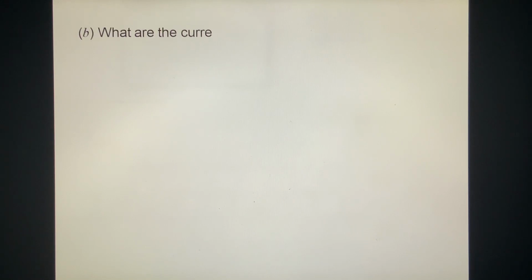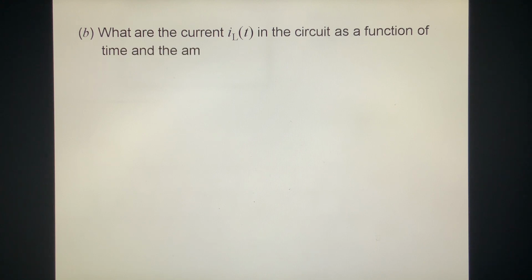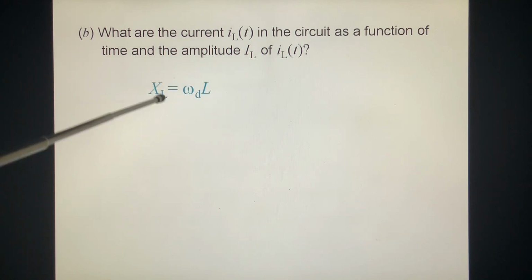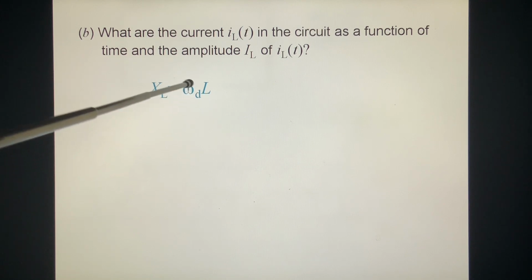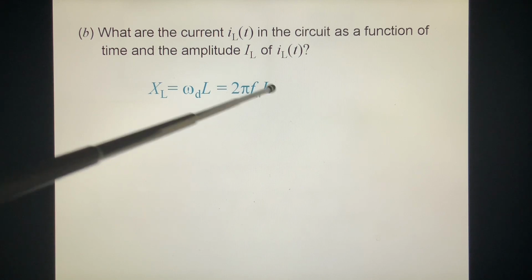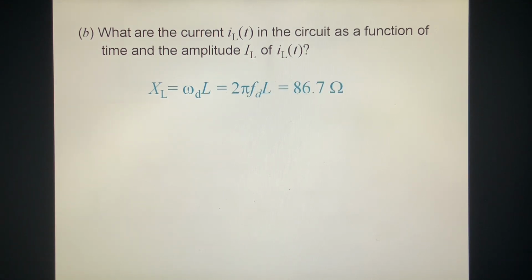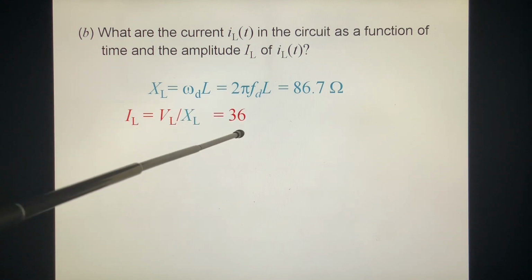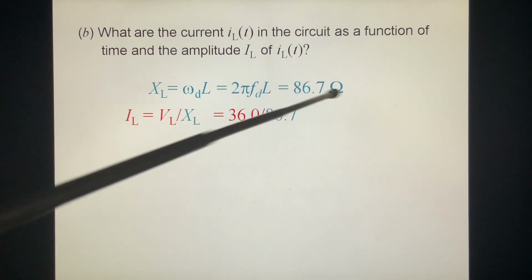Question B. What is the current IL in the circuit as a function of time and the amplitude IL of the alternating current? XL by definition we set equal to omega L. We know omega, we know L. Look at XL. And what is IL equal to? VL over XL. VL is 36, XL 86.0.